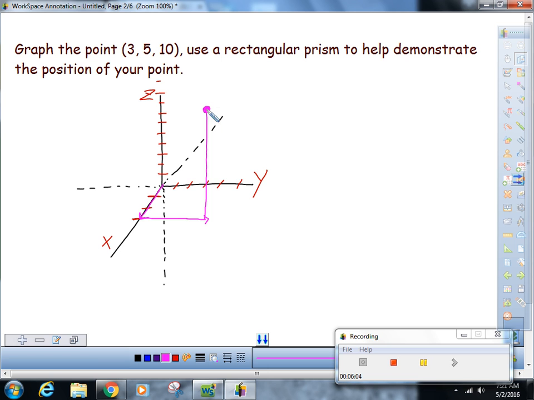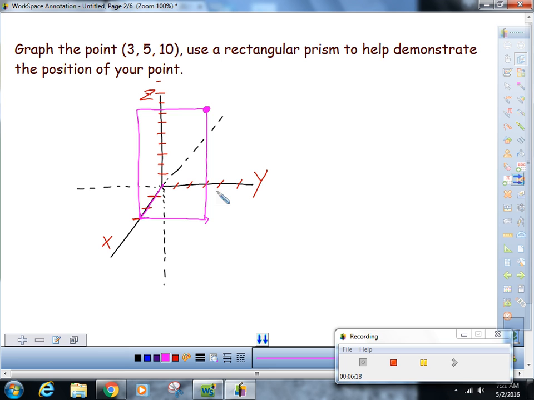Okay? The final thing I want you to do is turn this into a rectangular prism. So if you remember how we did that, we would always start with the front face and then take a line like this and make it parallel. So let's see, let me think. Where would that hit?